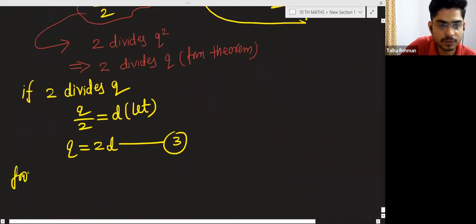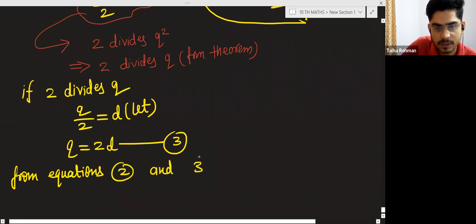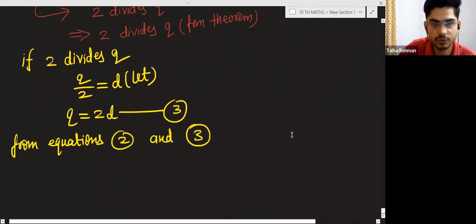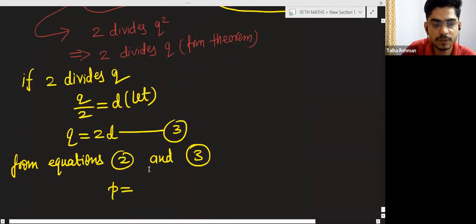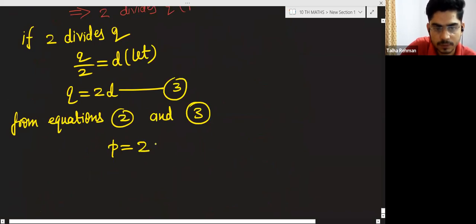From equations 2 and 3. What are equations 2 and 3? P is equal to 2C and Q is equal to 2D, and C and D are integers.